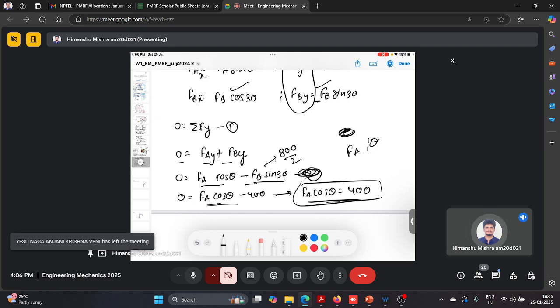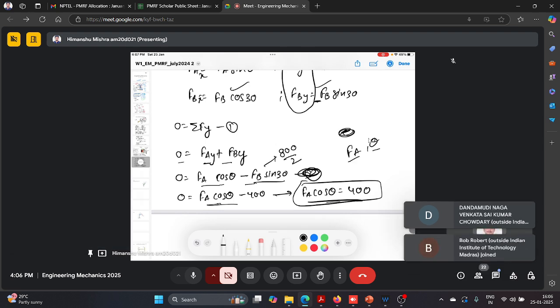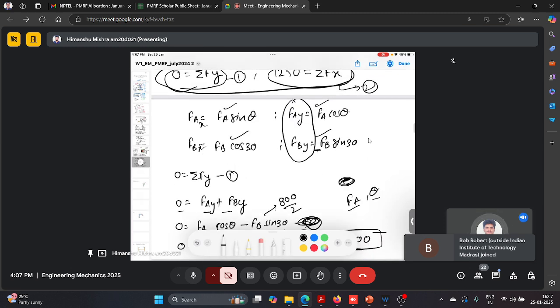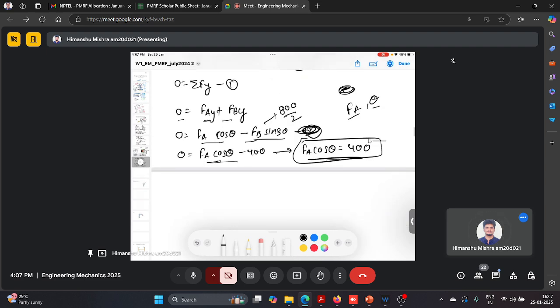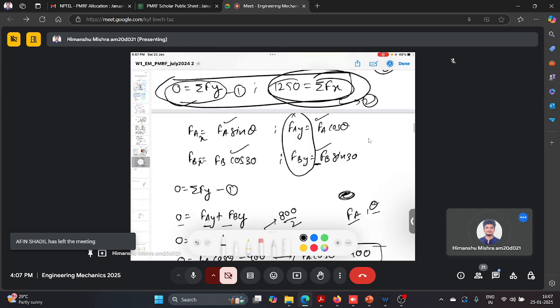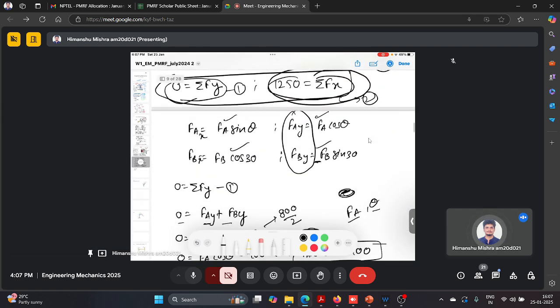Now in this equation there are two unknown quantities, Fa and theta, and we have one equation, so we need one more equation to solve. The other equation we will get from equation 2, which is 1250 equals the summation of all the forces in the x direction.